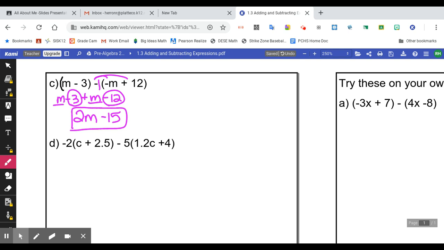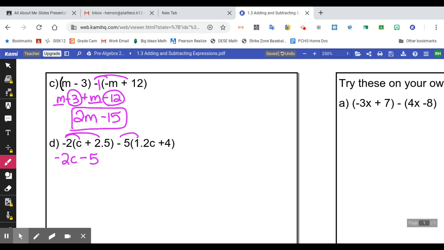Okay. One more here. So distributing outside first. So we've got -2c, and then -2 times 2.5 is -5.